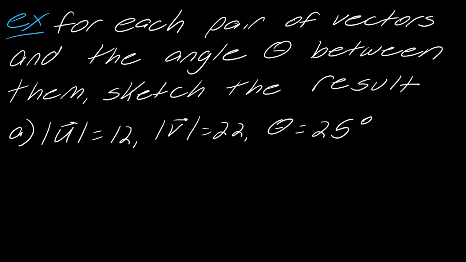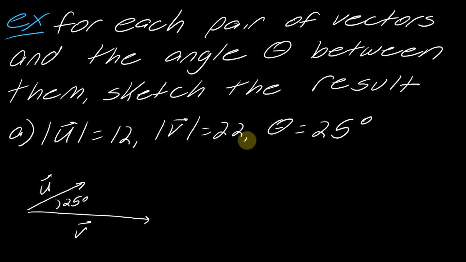Okay, so let's do a couple of basic vector problems to get you warmed up, and then I have some other videos on applications. For each pair of vectors with the angle theta between them, sketch the result. I've got the magnitude of 2 vectors, u and v, and then I've got the angle theta. The magnitude of u is smaller than the magnitude of v.